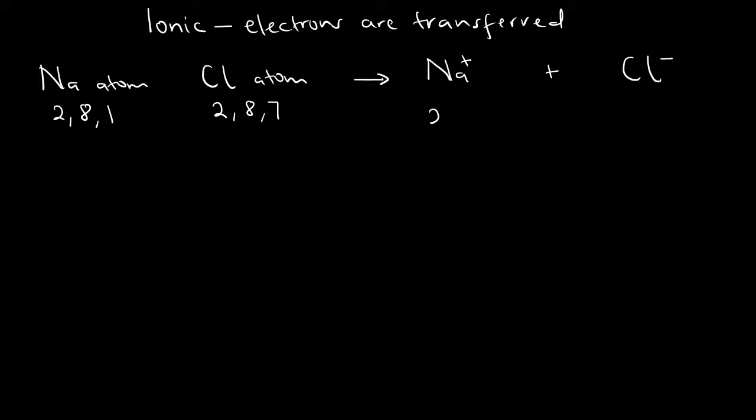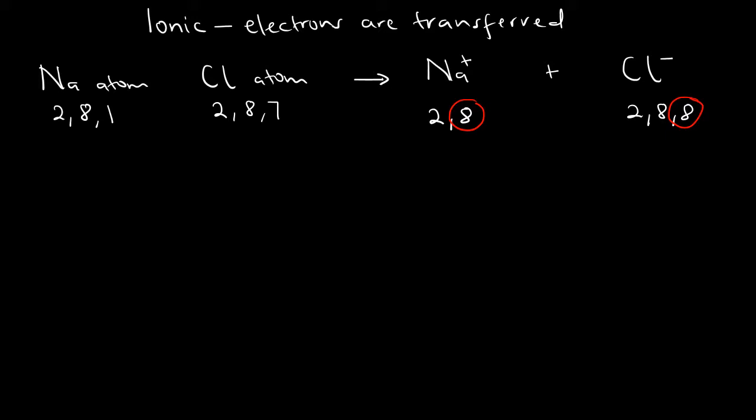For sodium we shall have 2,8, and for chlorine 2,8,8. So as you can see, in both scenarios, the ions formed will both have 8 electrons in the outermost energy level. So in the process, they will be stable.